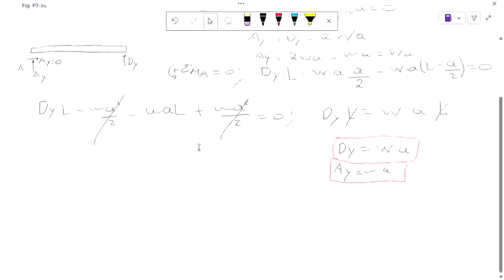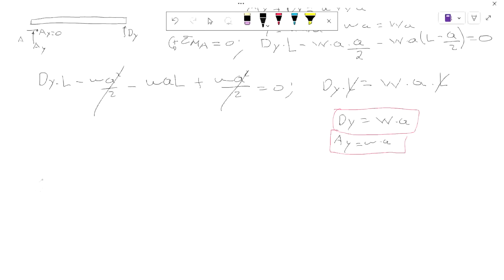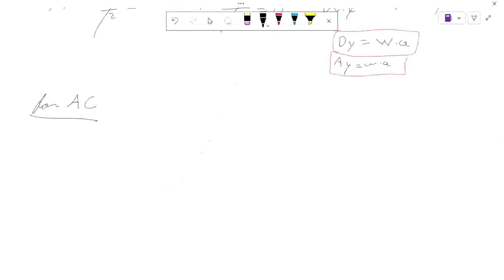So let's do that. For AC, or section A to C, we have our beam.